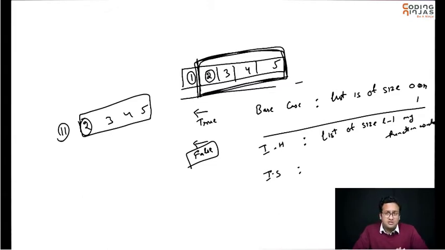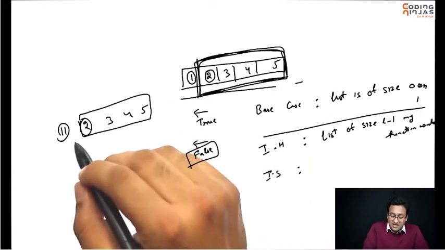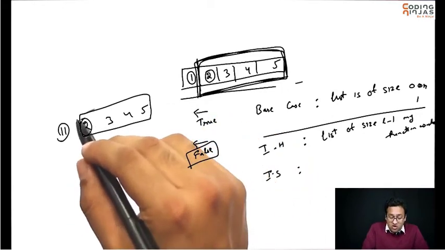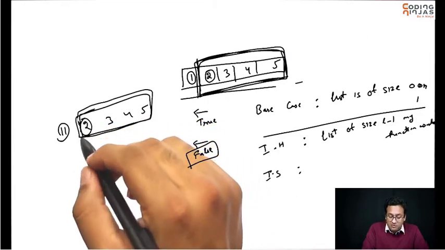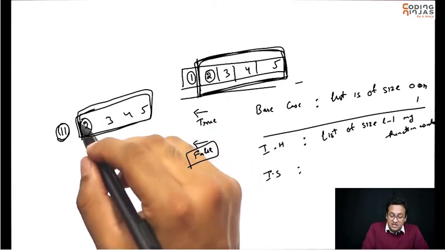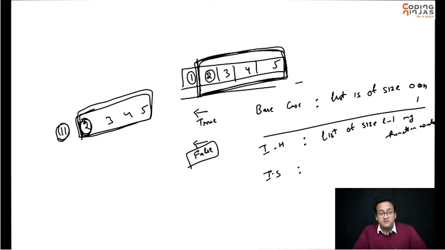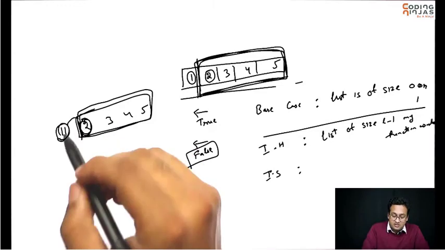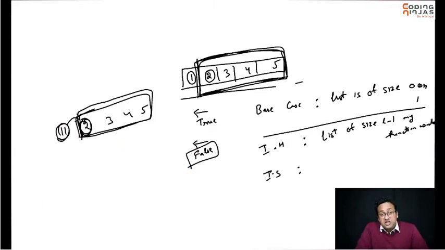We have two options here, the way we have seen it earlier. One option is I'll check upfront. Before I make a call to this part, I'm going to check if this is greater than this, I can return false. I don't have to make the recursion call in case 11 is actually greater than 2, because the first number is larger than the second.